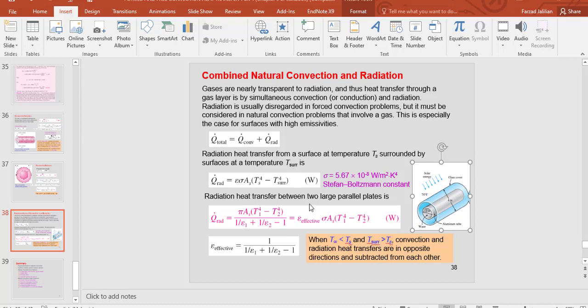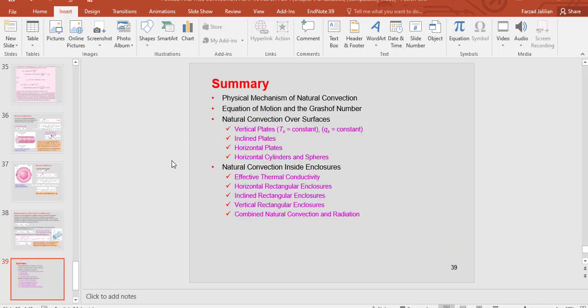About the radiation heat transfer, we will have an in-depth discussion in the next sessions. I have already prepared the videos for radiation, and I will upload them and update you about them.